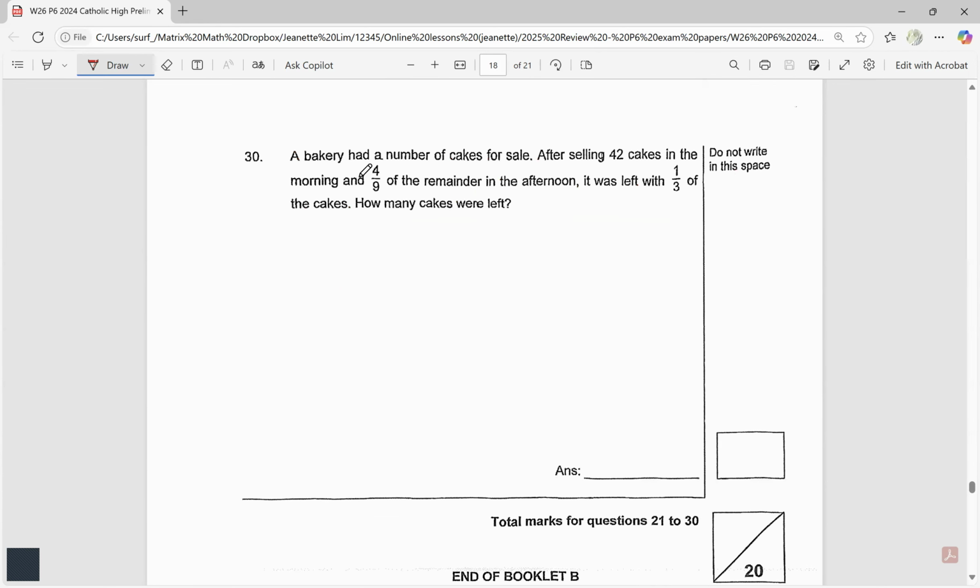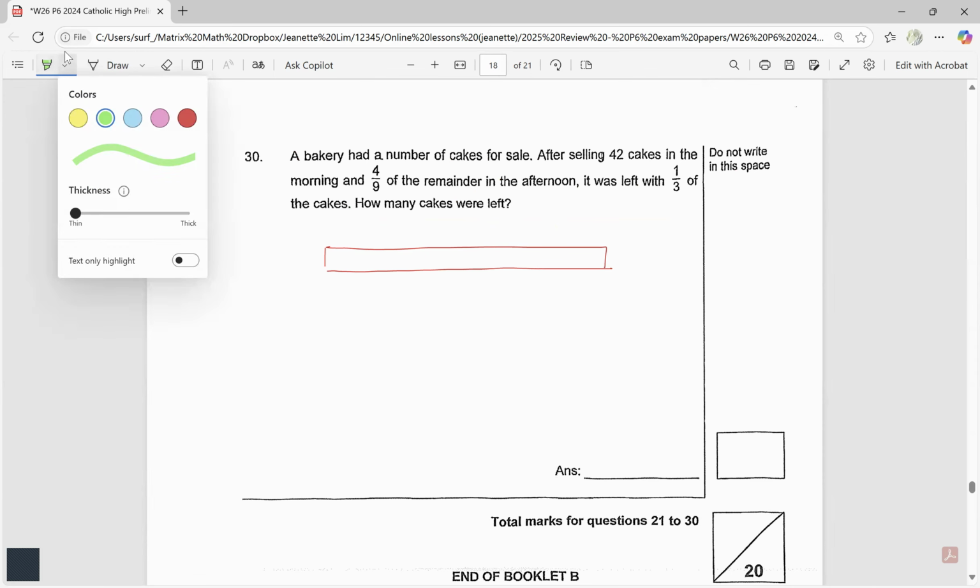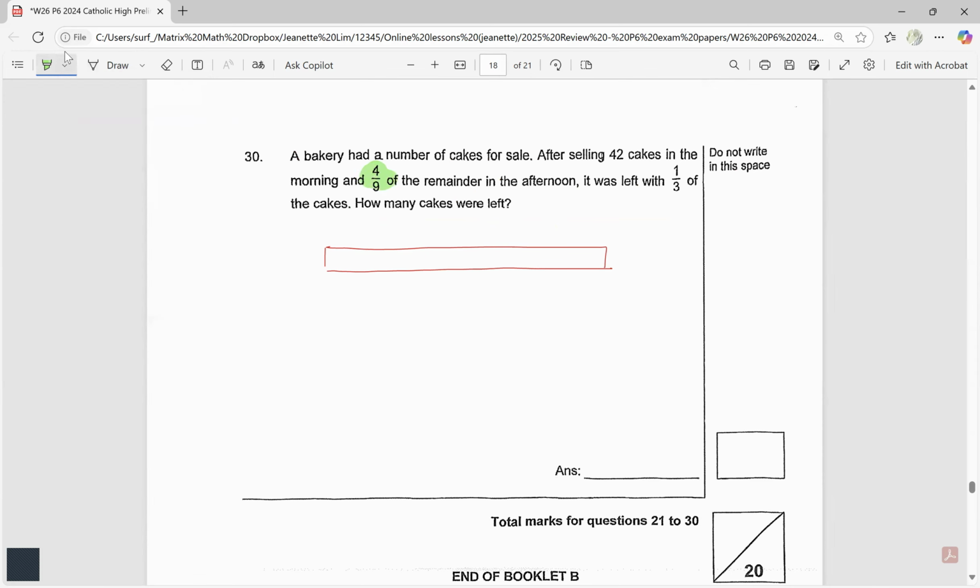Question 30. A bakery had a number of cakes for sale. After selling 42 cakes in the morning and 4/9 of the remainder in the afternoon, it was left with 1/3 of the cakes. How many cakes were left? Okay, let's draw a model. For this question, take note that we have 4/9 of the remainder.